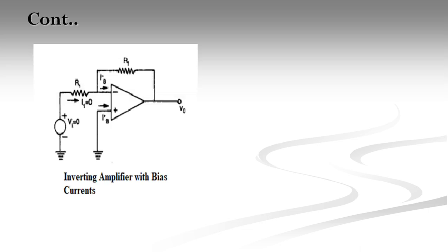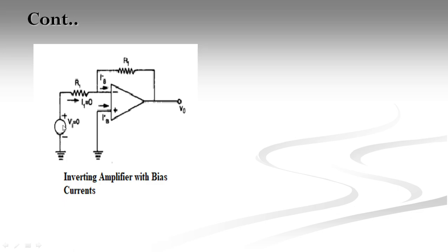Now let us see the inverting amplifier in the presence of this input bias current. Here the circuit diagram shows a normal inverting amplifier where Vi, that is the input, is being applied to the inverting terminal. Here negative is called the inverting terminal, which is terminal number 2, and positive is the non-inverting terminal, that is terminal number 3.